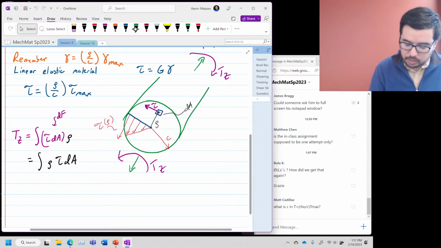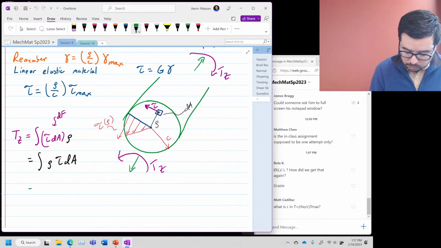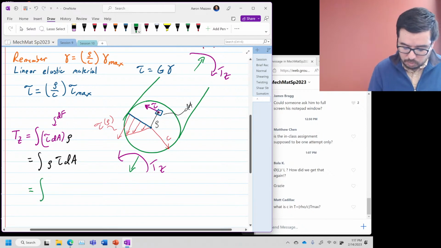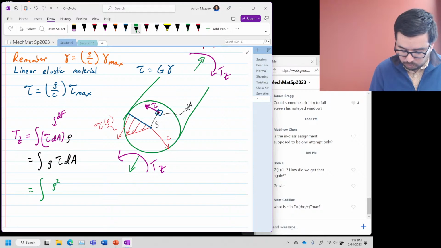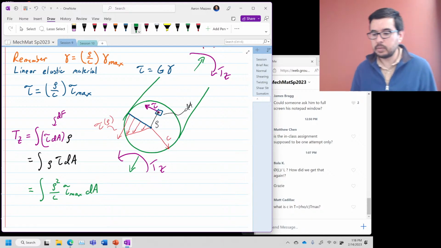So now we can write out rho tau. We can say rho squared over c, times tau max, dA.